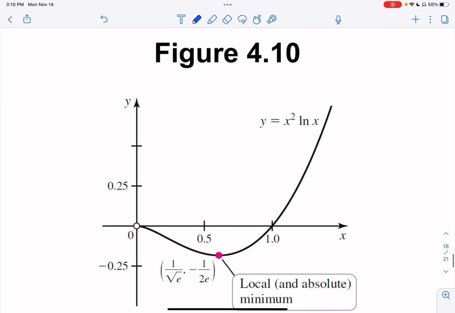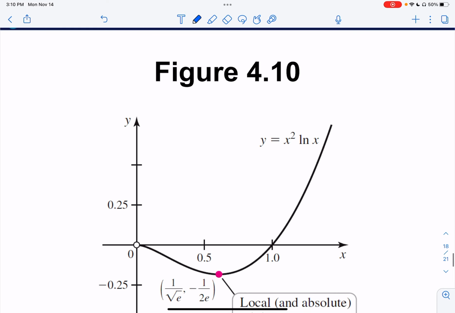On the next slide, we have y is equal to x squared natural log of x. If we look at the derivative of this, dy dx is equal to, and here we're going to have to use the product rule, right?